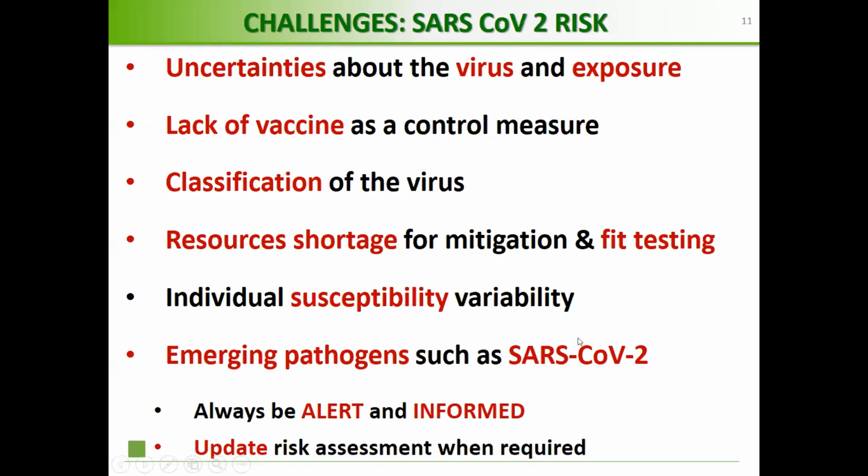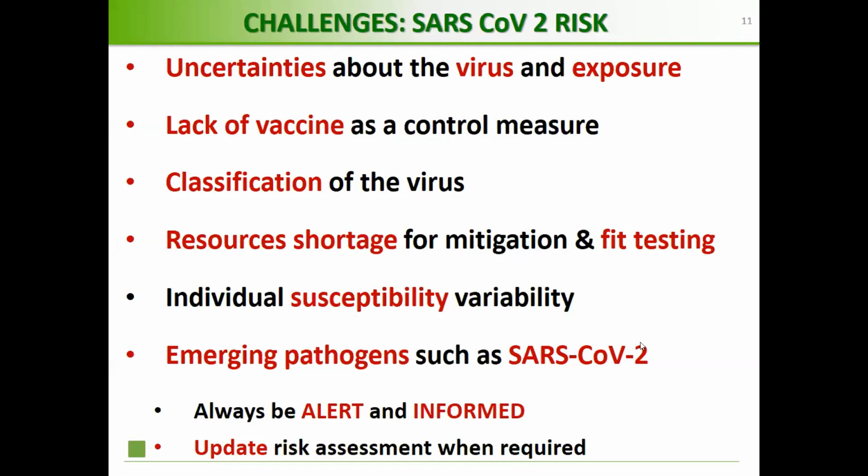The other challenge is shortage of resources for mitigation as well, because there's a lack of respirators, a lack of masks, but workplaces are trying as much as they can to acquire those resources and make sure they are used appropriately.